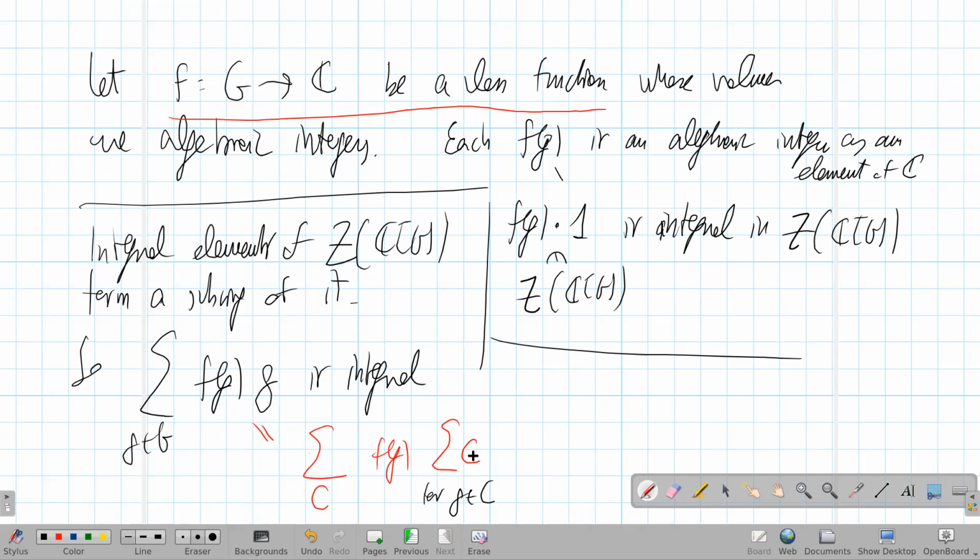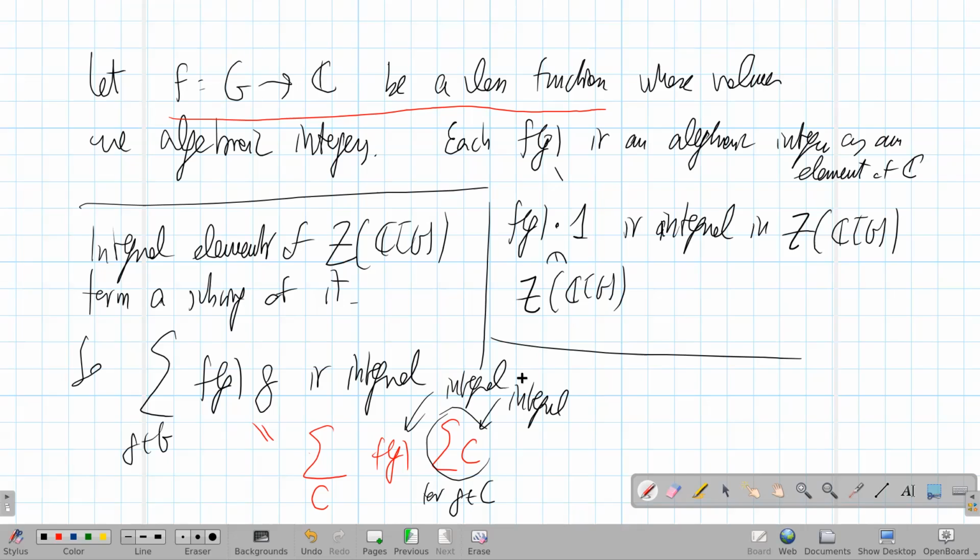So it's the same for all elements of the conjugacy class. So you see, this is a sum of products of elements that you know are integral.